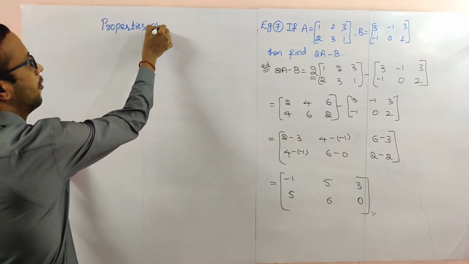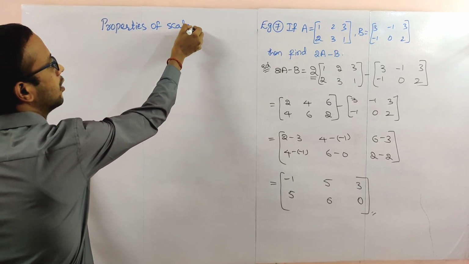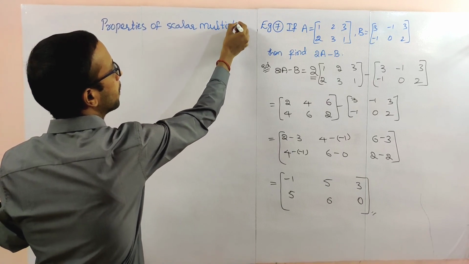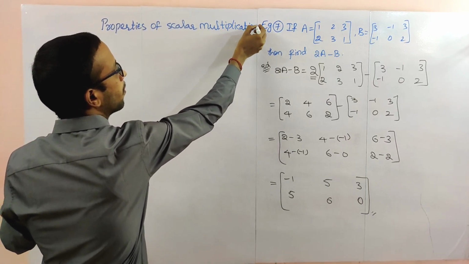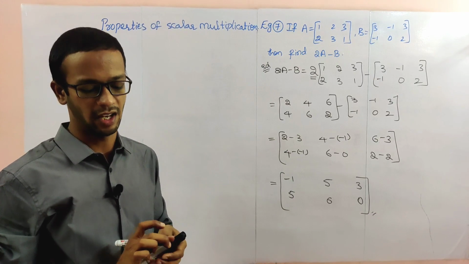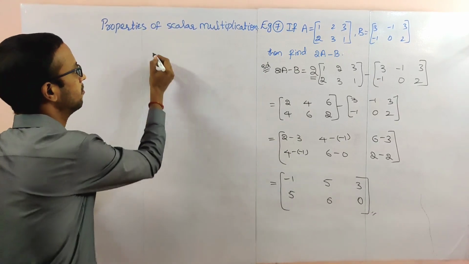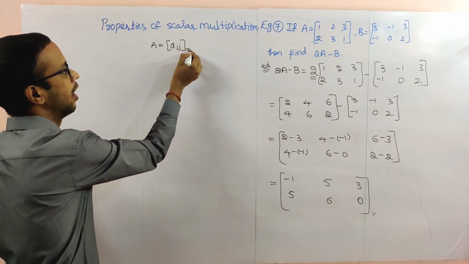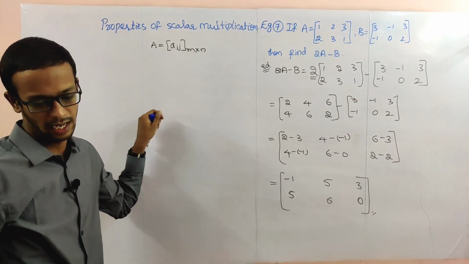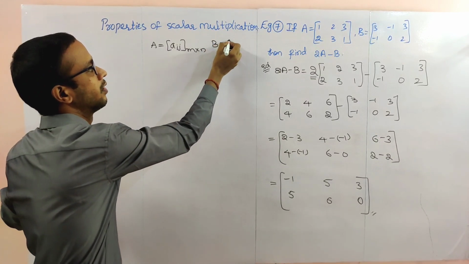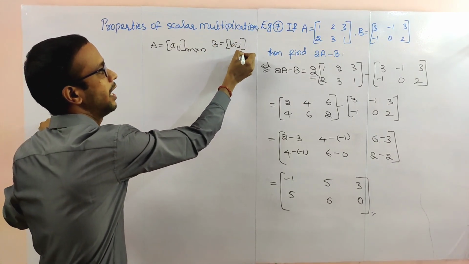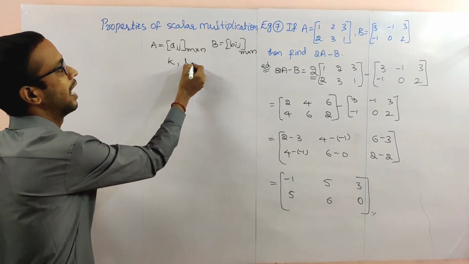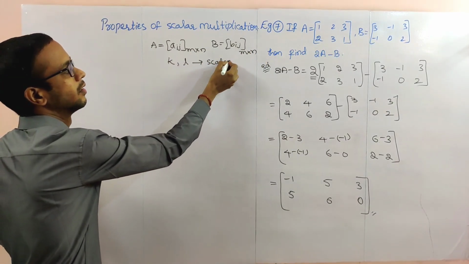Next, properties of scalar multiplication with the matrix. Here A is a matrix Aij of order m by n, and B is a matrix Bij of the same order m by n. K and L are scalars.